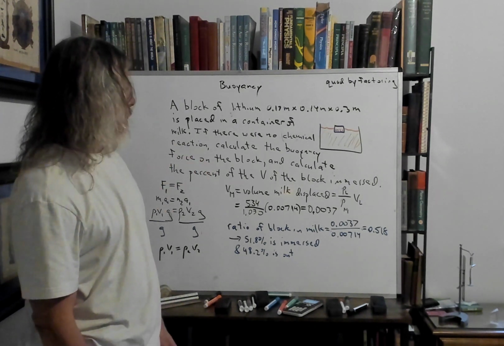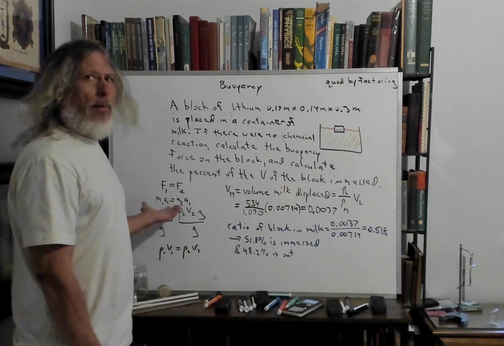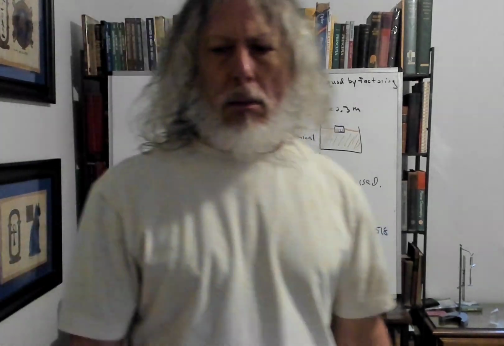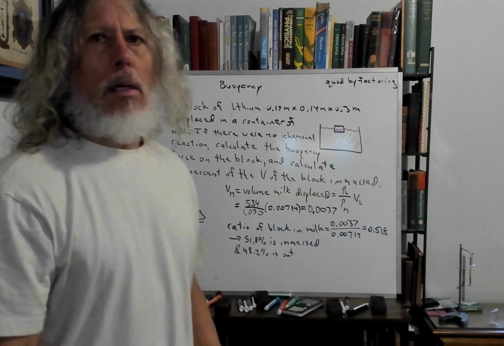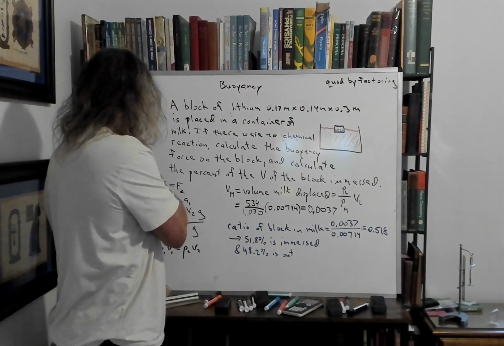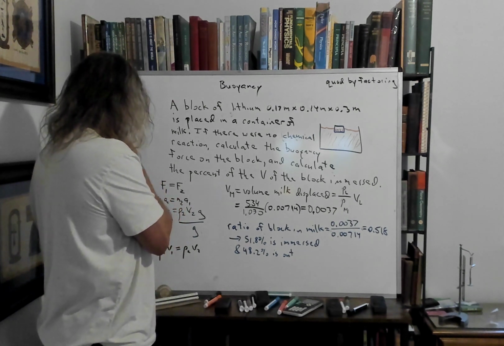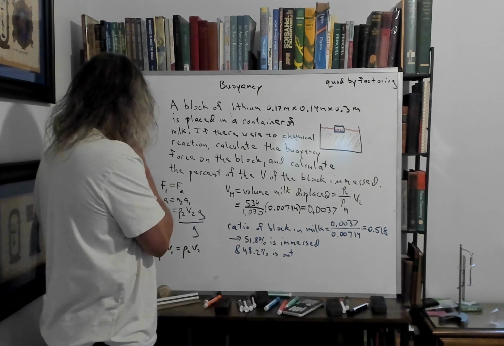Now, calculate the buoyancy force on the block. And so we need to bring our G back into play. Ooh, my screen went dark. Undark my screen. Okay. So for that part, we could do either one.